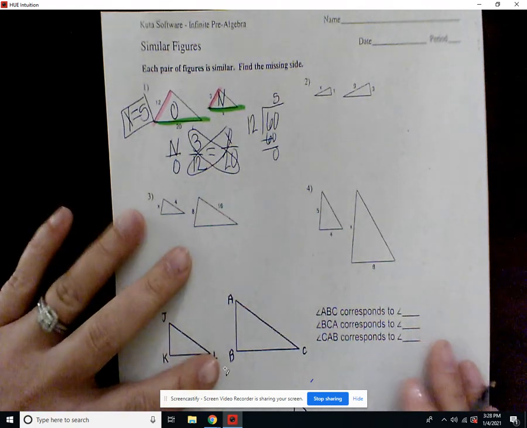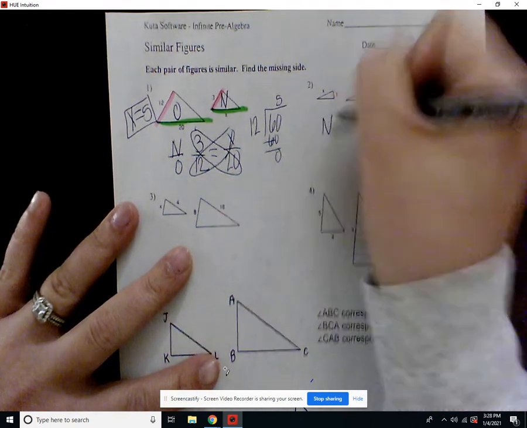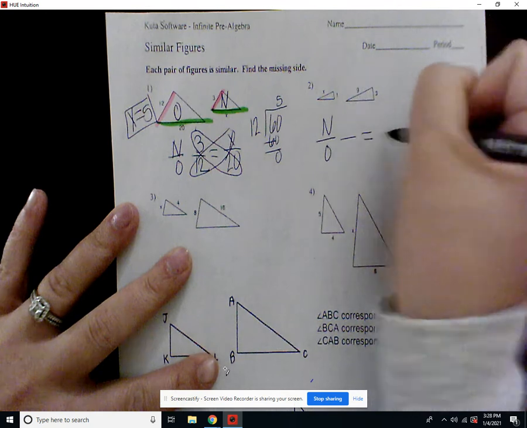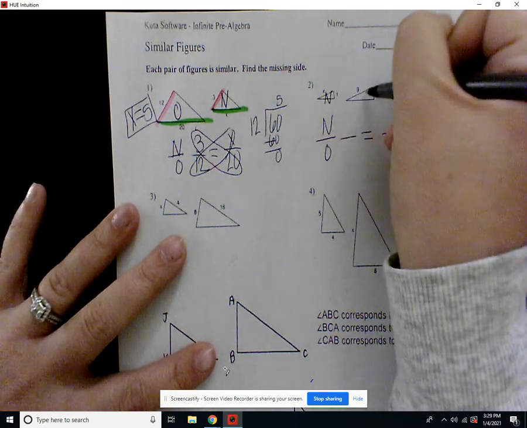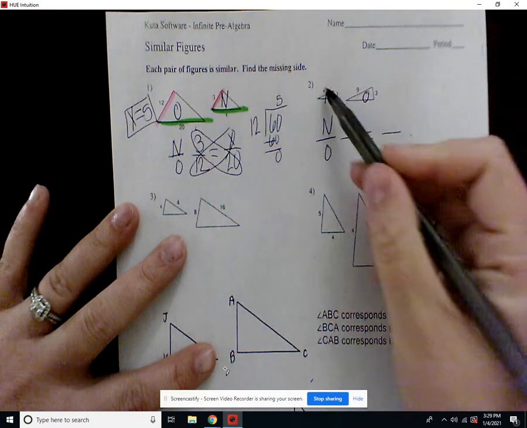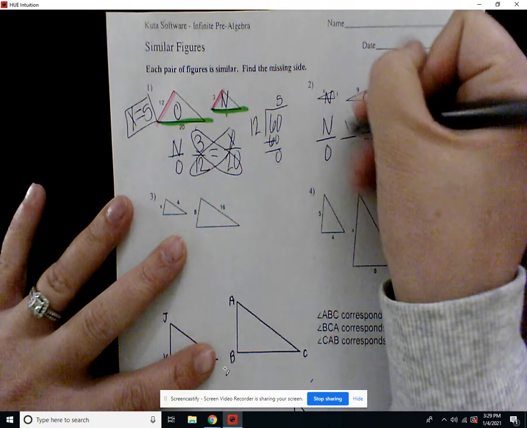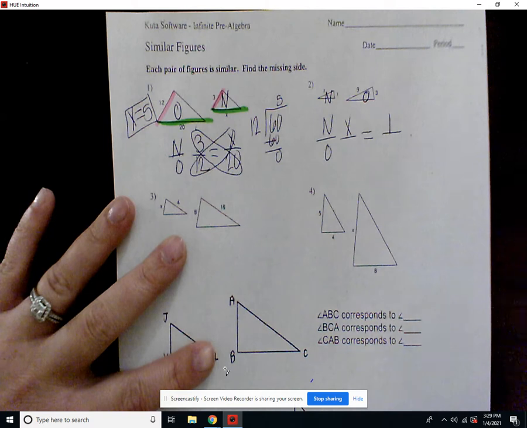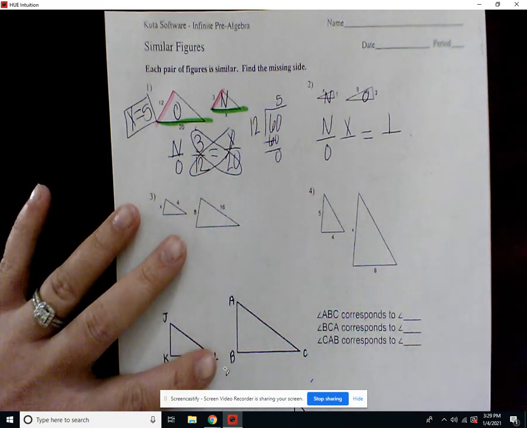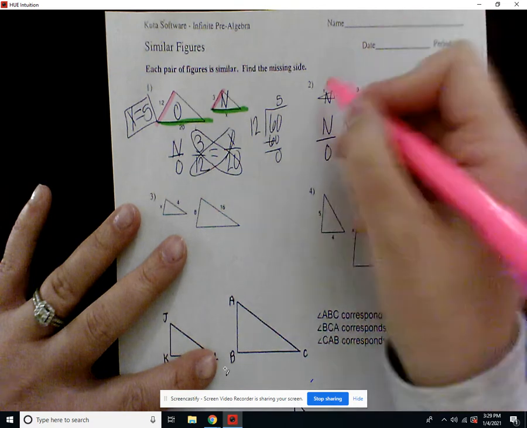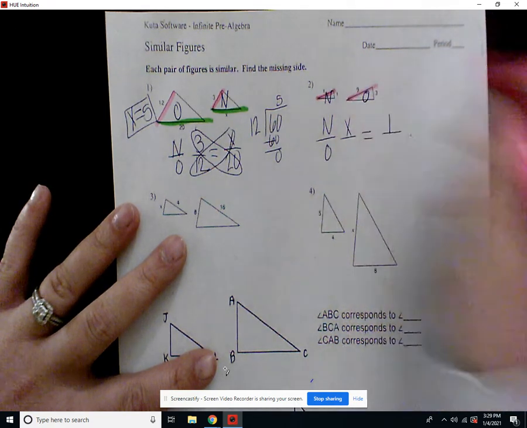All right, so number 2, again, start with the proportion, N over O. So remember, it's going to say the word no. N has the X. So this time we have X and 1. Order does not matter on the top, how you put it, X first, then 1, or 1, then X. Then we're going to find our corresponding sides. X goes with 9.